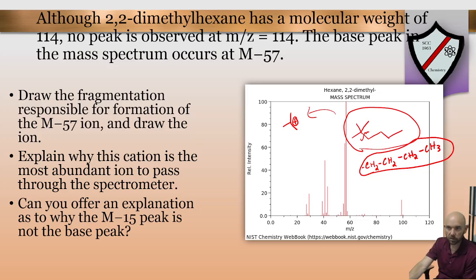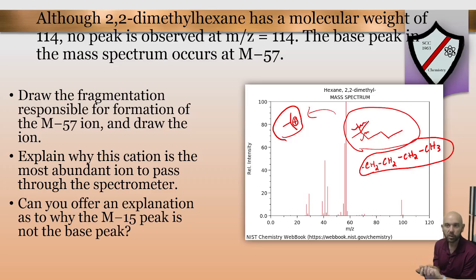And for the ion responsible to have a weight of 57, it would look like this tertiary carbocation here. It makes sense for that to be the base peak because it is a tertiary carbocation. And the next question basically asks, why do we get this fragmentation rather than a fragmentation of just one of the methyl groups?